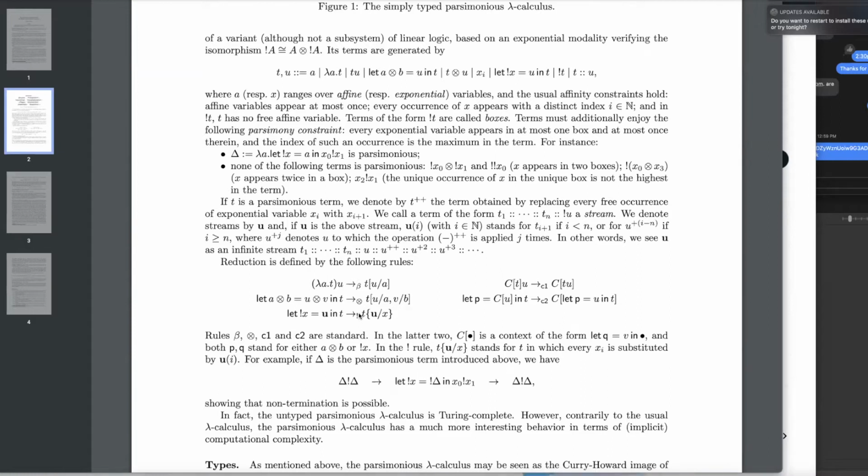Okay, the reason this is interesting, again, the reason we're studying this calculus is because we're going to see how this calculus allows us to encode circuits. So we're going to get a version of SAT that we can express directly in this calculus.